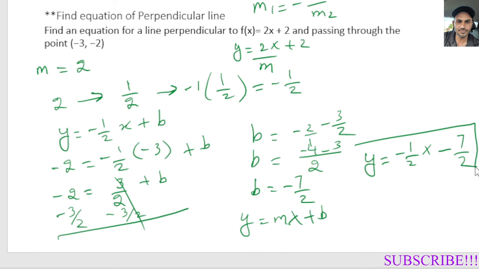So this would be the equation of the line which is perpendicular to this line and is passing through this point right here. The only thing you have to know is that if the line is given, we can figure out its slope, and from that we can figure out the slope of the line that we are trying to find the equation of. All right, hopefully this helps.